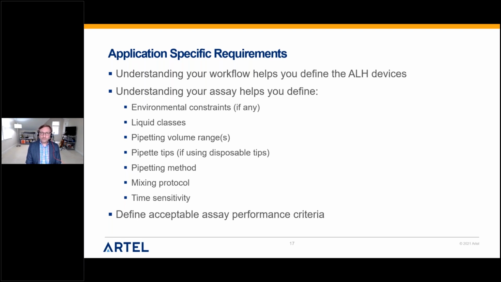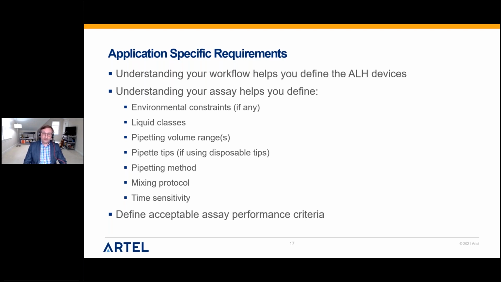And my guess is out of the attendees, if you're new to automation, which I hope you all are, you're probably the biologist, you're the assay developer, you have a good understanding of your workflow. That helps you define what you need for your automated liquid handler. And again, this is why a good automation liquid handling vendor will work with you on this to try to understand. That's why they ask you the questions.